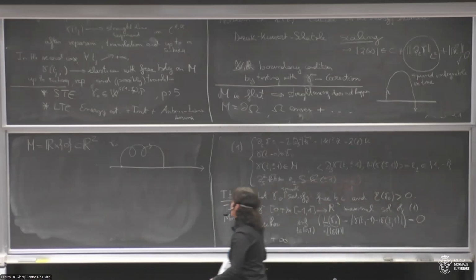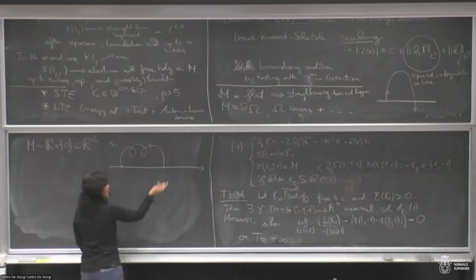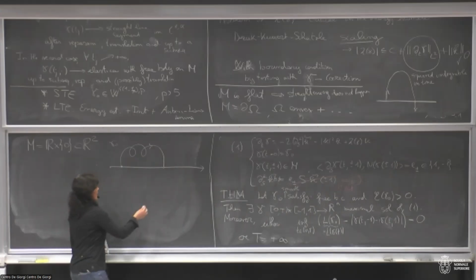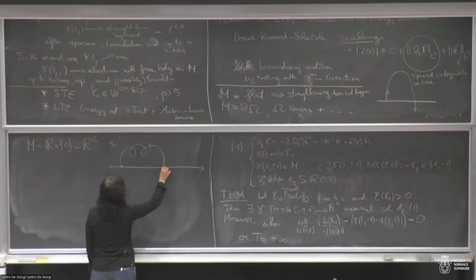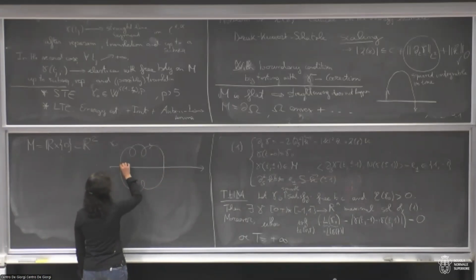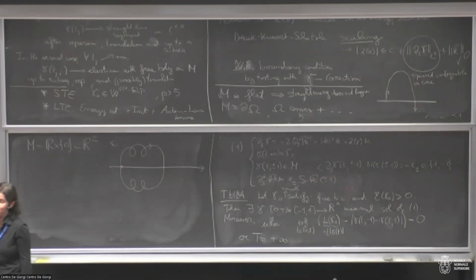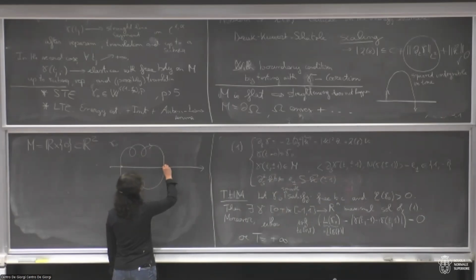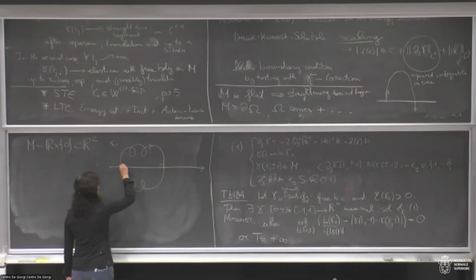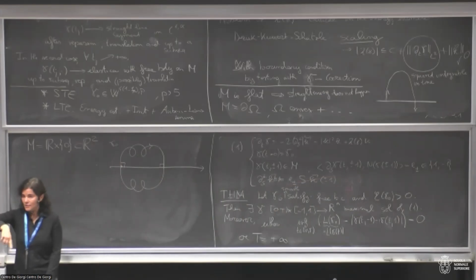And what is then the observation? We can reflect the curve with respect to the axis and get a closed curve. And this is good. That is a smooth enough curve because due to the orthogonality condition, here we have a 90 degree angle, and here we also have a 90 degree angle.